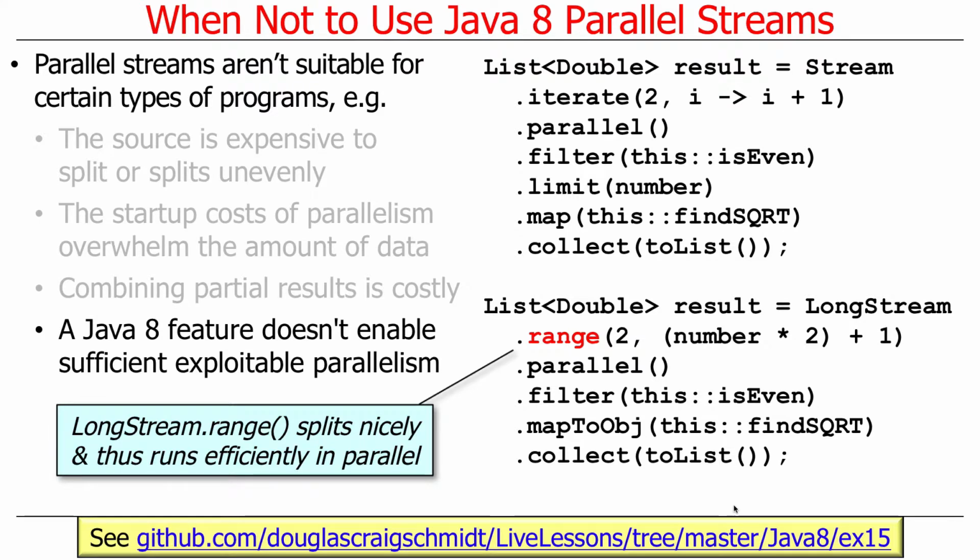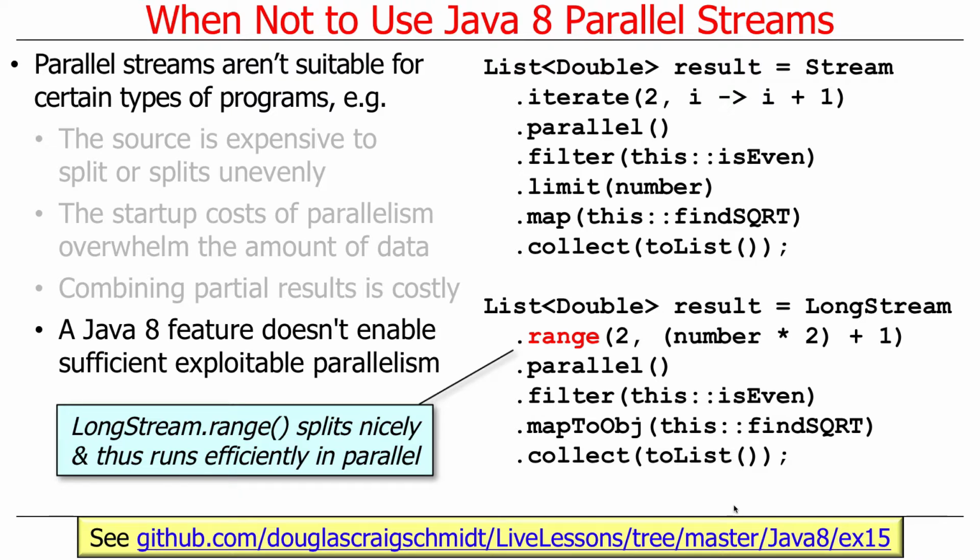Here's an alternative way of doing this that is way faster. This is going to use the range method. Range is another method you can use on a stream, in this case a stream of longs. What this is going to do is go from number times 2 plus 1. So if we want to find the first n even numbers, we just double the amount of things we're looking for, and then we search for the even numbers.